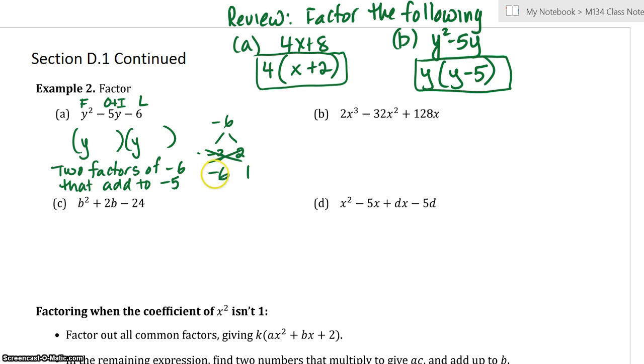And we want the 6 negative because if you multiply them together, you get negative 6, and if you add them, you get negative 5. So one is going to be a negative 6, and the other is going to be a plus 1. This does work. Look at the last, and then the outer and the inner. The outer is a 1, and the inner is a negative 6. It does work.